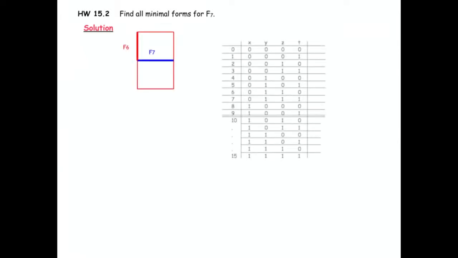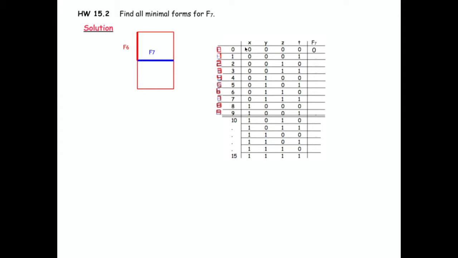Okay, so now let's find all minimal forms for function F7, for the LED number 7 as the crossbar. Again, it's very similar, right? This is what you actually did have to do for today, right? So fill out the truth table for function 7, right?